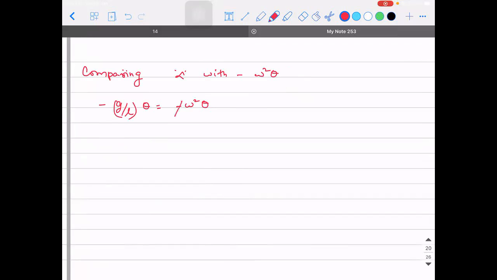Correct? Minus are gone, theta is gone. So omega square will be equal to g by L, which implies omega is equal to root of g by L. From this we can write, what is omega, guys? 2 pi by T is equal to root of g by L. So what will be the value of time period?